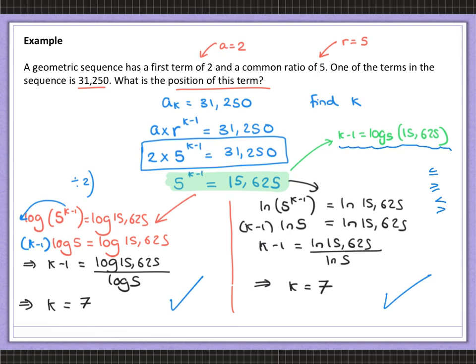Whereas if you use log to the base 10 or ln, you will get the correct answer, providing you do all the steps correctly. So there is sometimes a little bit of a warning required if you're using log to a specific base, which is why, as I've said several times, I would advocate using log to the base 10 or ln when you're solving these problems.